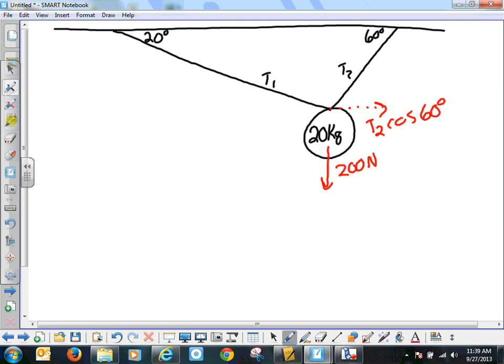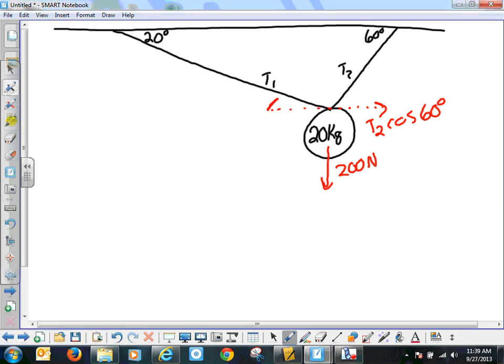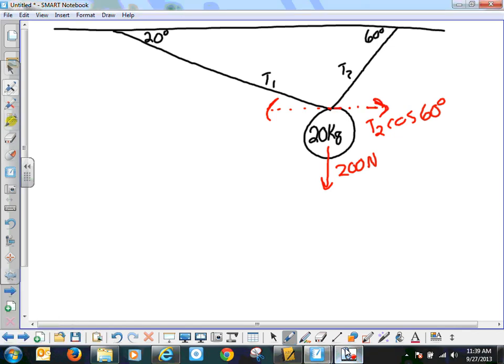Now, also you have to realize this, that this right here is equal to, because there's no movement in the x direction, so these two have to be the same size. So this one is T1 cosine 20, okay?